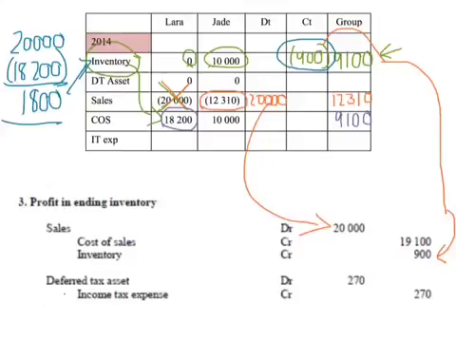The subsidiary recorded cost of sales of 10,000, which is half of the 20,000 at which they carried the inventory. But we only want a figure of 9,100, which reflects the cost of sales to the group. So if we want to adjust the 18 plus 10, the 28,200 to get to 9,100, we need a credit entry of 19,100. And that is what we see in the adjusting entry.